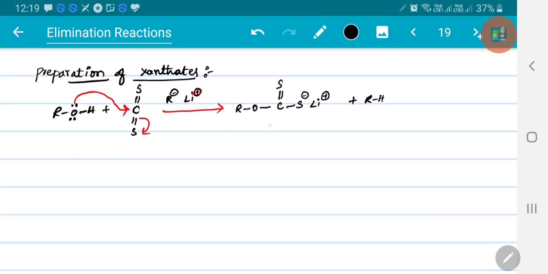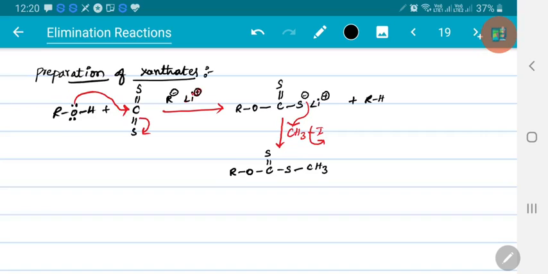With methyl iodide, this S minus will donate a lone pair of electrons, and I minus goes out. So this leads to product formation. The product obtained is ROC double bond S, S, some other alkyl group, sorry, CH3. This is the xanthate obtained.